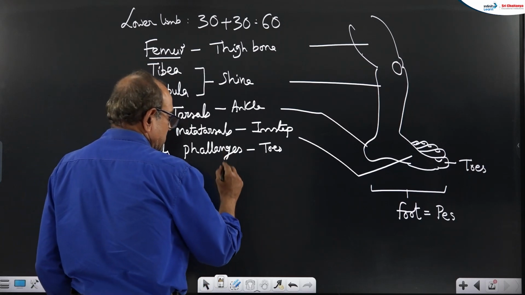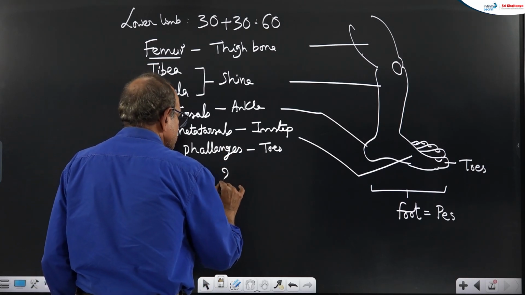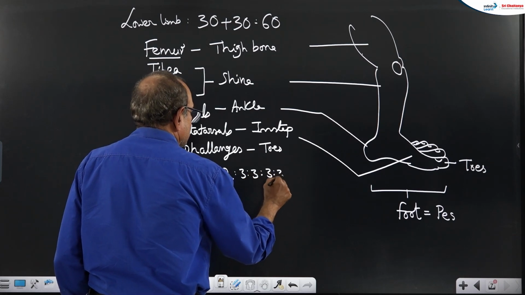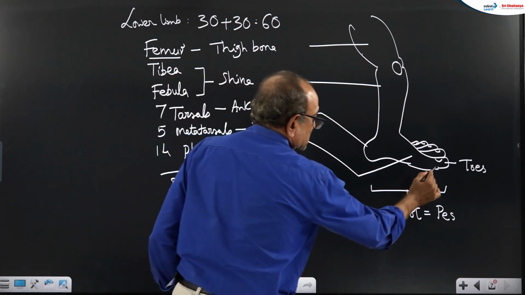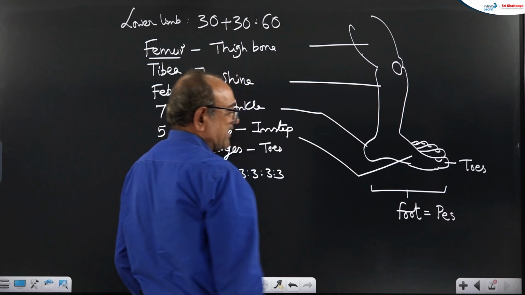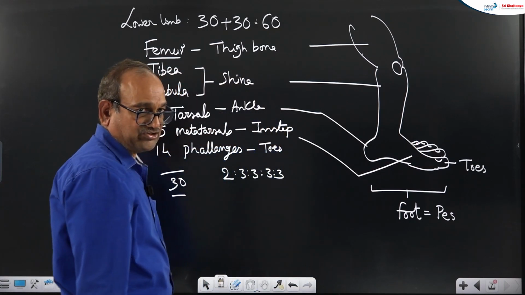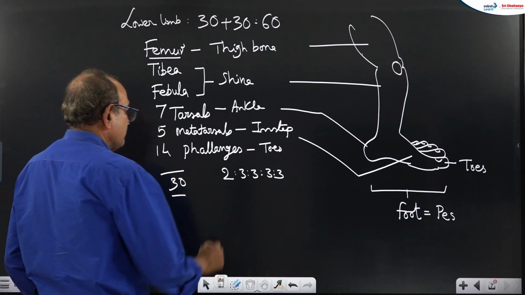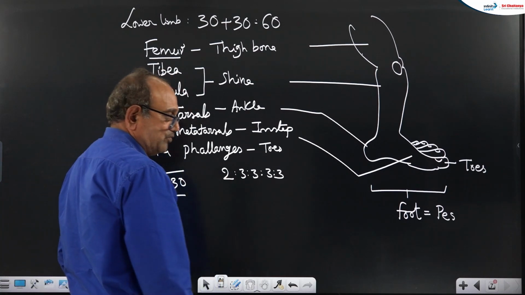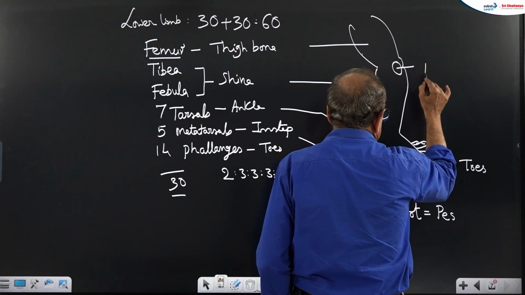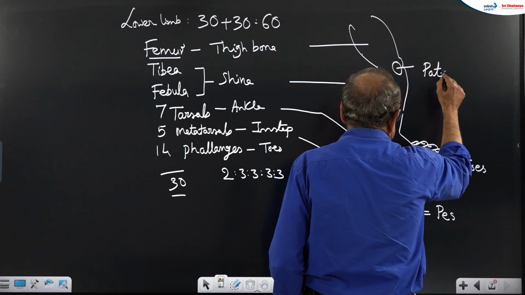Here also the phalangeal formula is 2, 3, 3, 3, 3. That is, the great toe contains 2 phalanges, the remaining 4 toes contain 3 each. Total 14 toe bones, and there is one more bone, the patella, the kneecap.